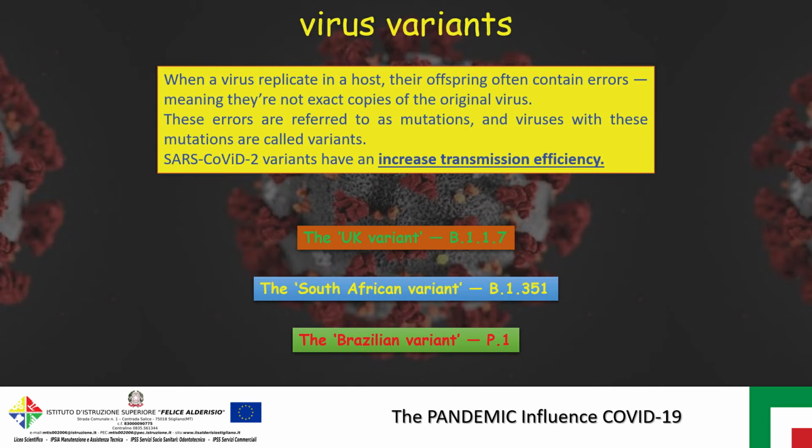Multiple COVID-19 variants are circulating globally. Basically, when a virus replicates or makes copies of itself, it changes. These changes are called mutations. A virus with one or more new mutations is referred to as a variant of the original virus, in this case of SARS-CoV-2.